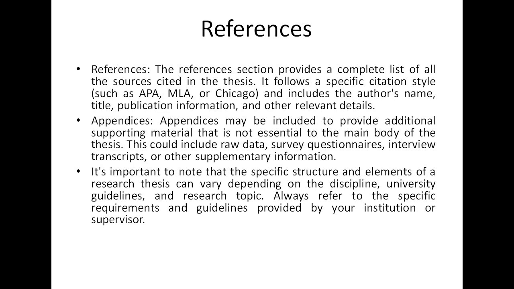Then by the end you can include the appendices. Appendices is basically the additional supporting material which you have used for the conduct of that research. It can be included as raw data, survey questionnaire, interview transcription, and other supplementary information.